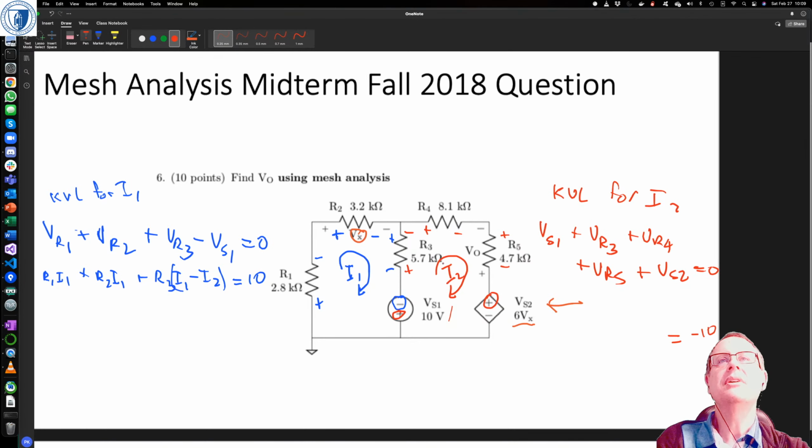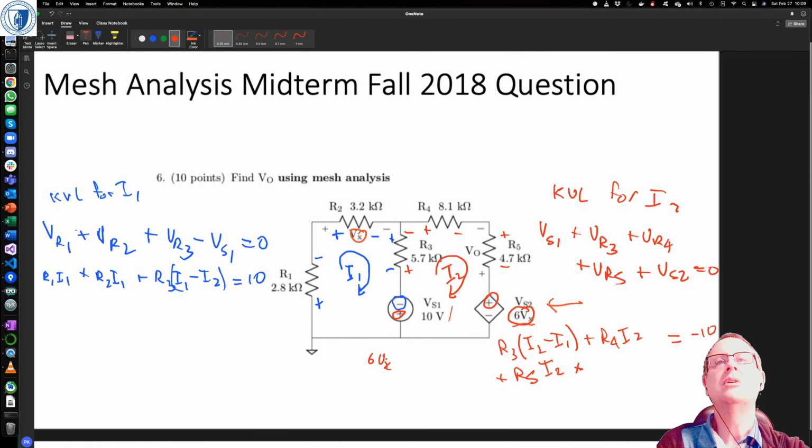And then VR3 is going to be R3 times I2 minus I1, plus R4 times I2 plus R5 times I2, and then the tricky bit, it's going to be plus 6Vx.